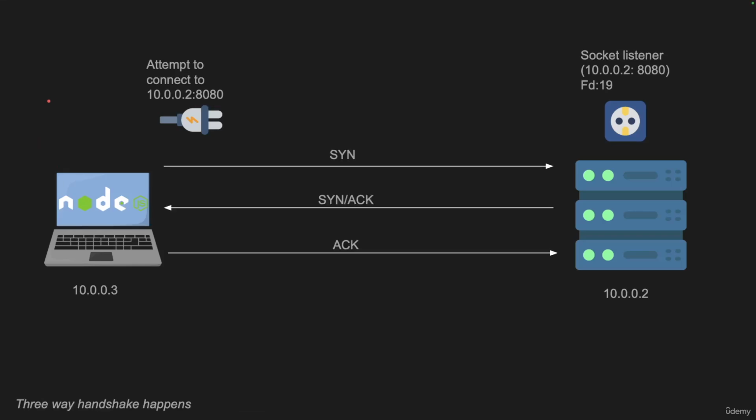Okay, once that happens, we hit the poll phase, and what do we do? We do a SYN, SYN-ACK, ACK, and this is called the three-way handshake. The reason we do this is to exchange information between the client and the server so we can synchronize sequence numbers. That's the main reason.